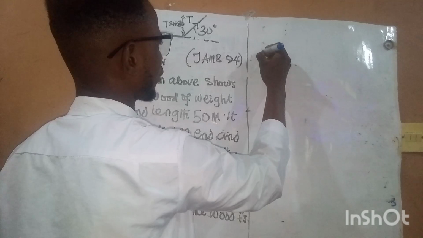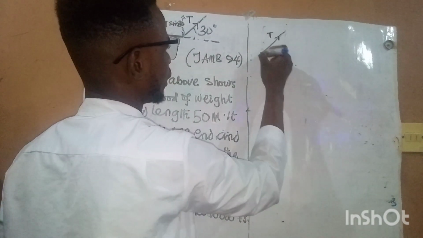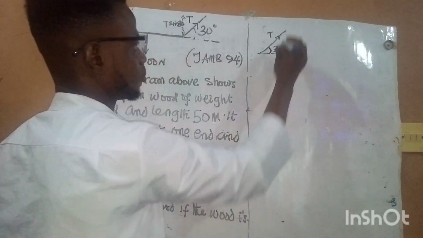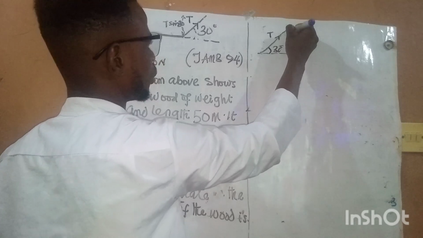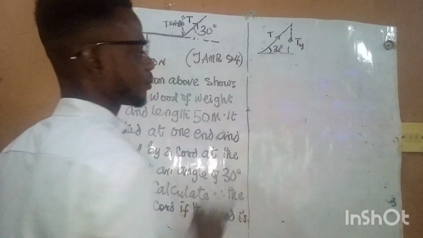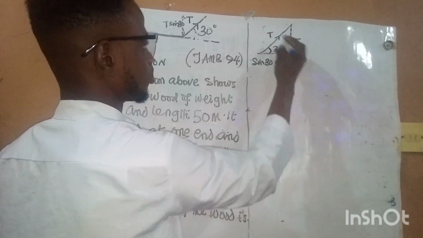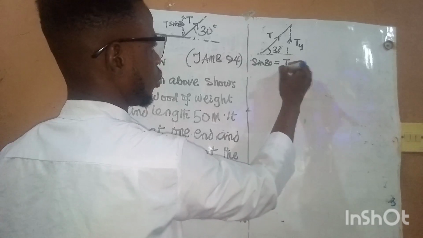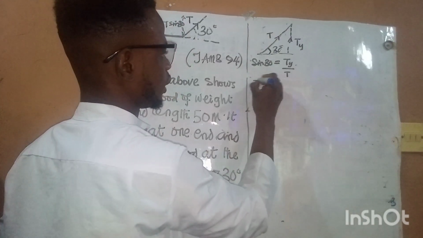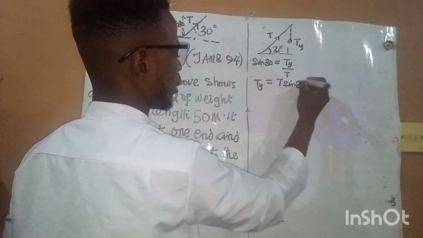If you have a force going up like this, tension, at a horizontal angle of 30, the force tending to push it up is, let it be Ty. So we can have sine 30 is equals to opposite Ty by hypotenuse T, so that our Ty becomes equals to T sine 30.